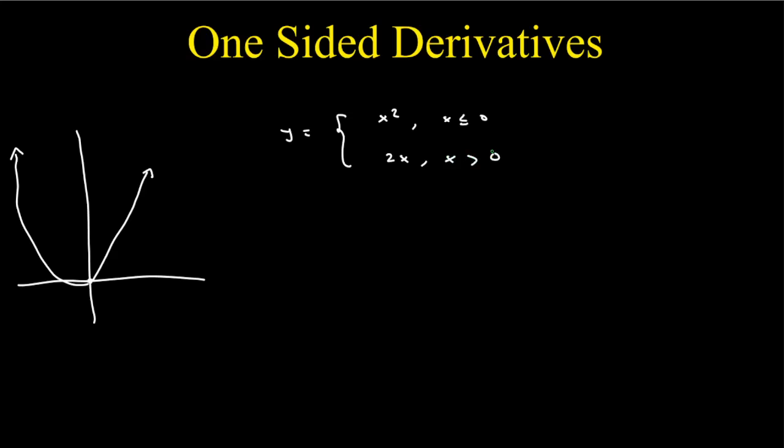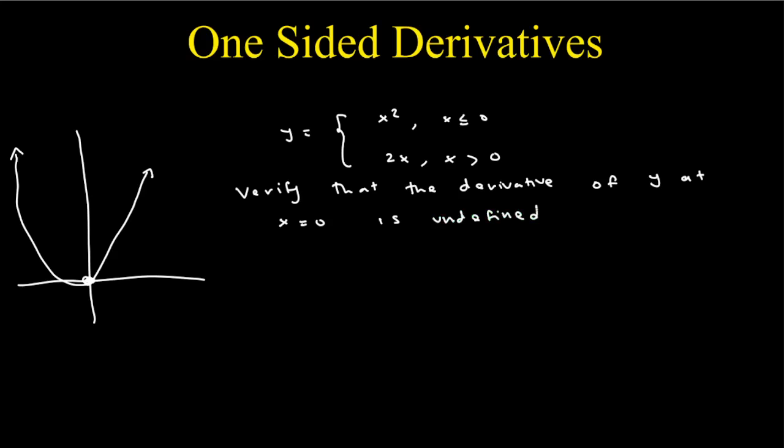So we have to verify that no derivative exists at 0. So verify that the derivative of y at x equal to 0 is undefined.